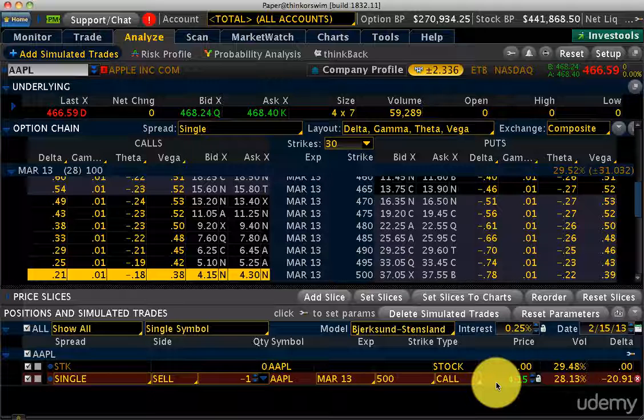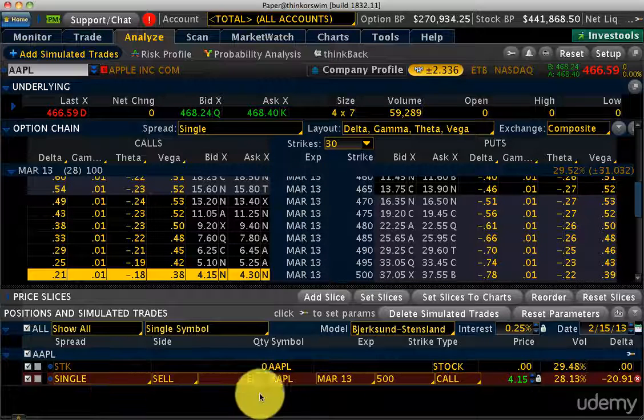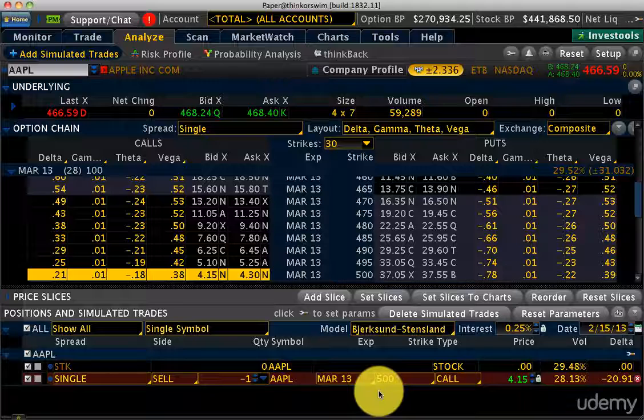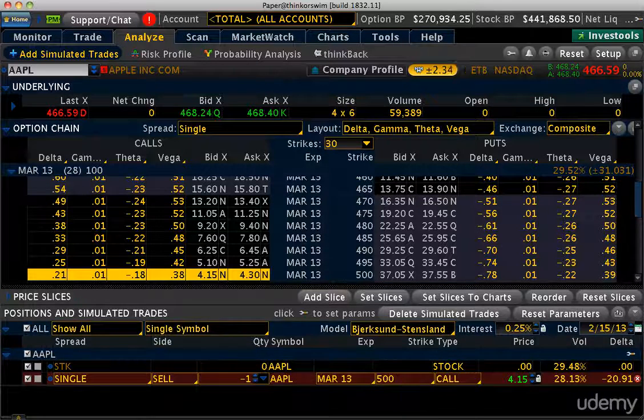And what are your rights and obligations? Well, you don't have rights because you're a seller, so you have an obligation. You have an obligation to sell Apple at this price of 500 and nothing less. So that's what this contract means. And why would the buyer want to buy these 100 shares of Apple at 500? That's probably because Apple went above 500. Maybe it went to 510 or maybe it went to 520. So what's the negative for you? The negative for you is that anything over 500, if Apple goes over it, then you won't be in a position to capture that upside.